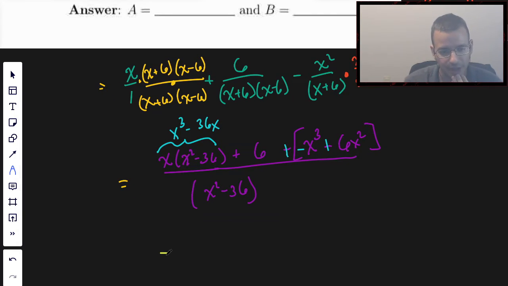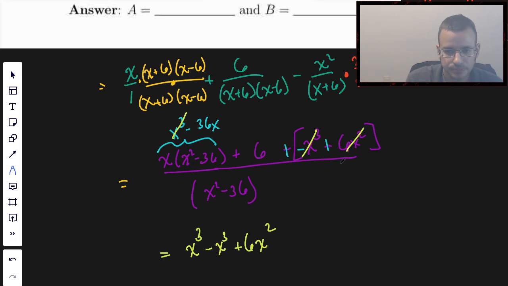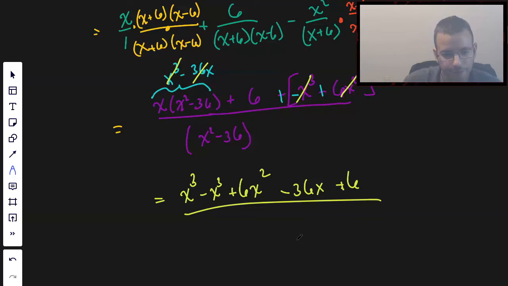Now I'm going to combine the top. I'm going to start with all the x cubes. So we have x cubed minus x cubed plus 6x squared minus 36x plus 6, all over x squared minus 36.